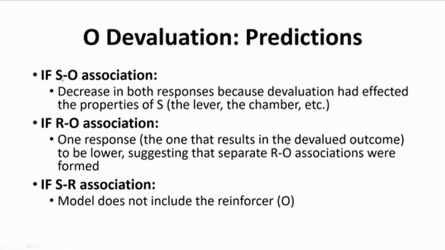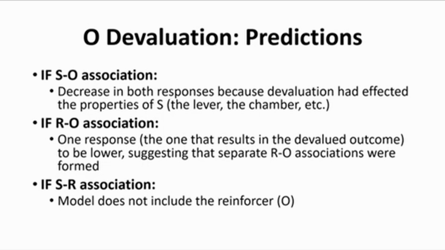And because the environment is affected, we'd see a decrease in both responses because both responses are occurring in that particular environment. If it's an RO association, then one response, the one that was specifically linking to that devalued outcome, should be lower.